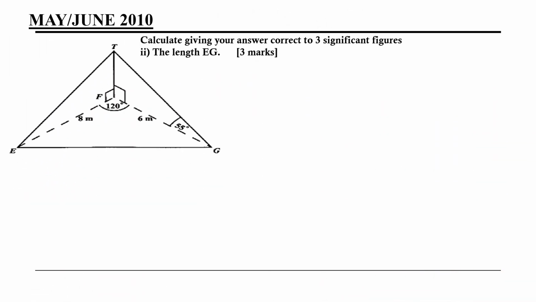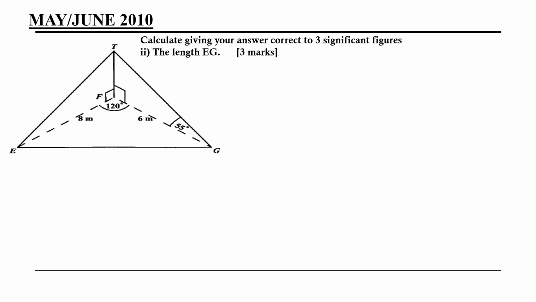All right, so we're continuing with the May, June 2010 paper. We're looking at part 2, and it asks that we calculate, given our answer again to 3 sig figs, the length EG. Now we're using this triangle inside. The first thing I notice is that it is not a right angle triangle.